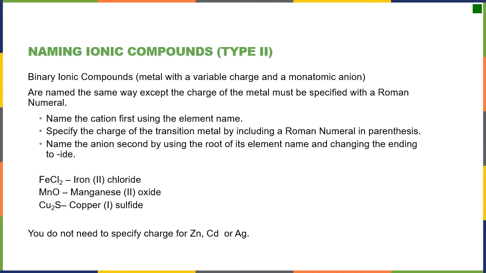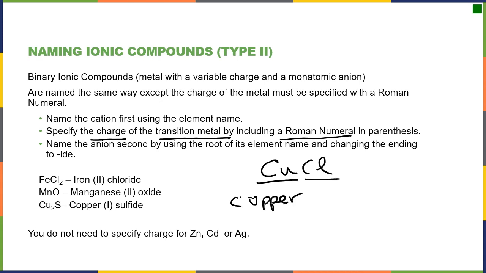So if we name our type 2 ionic compounds, we do it the same way as we do the type 1, except we're going to give the charge of the transition metal using a Roman numeral in parentheses. So, for example, if we have CuCl, we know that we name a metal by the name of the element, so this is copper. We name our nonmetal by the name of the anion, so this is chloride.